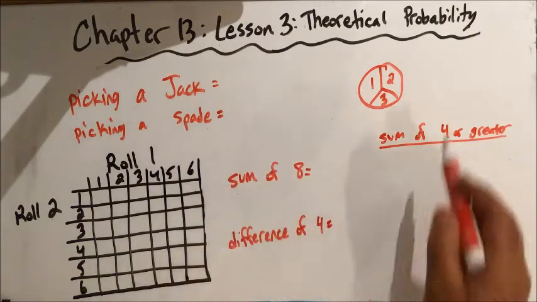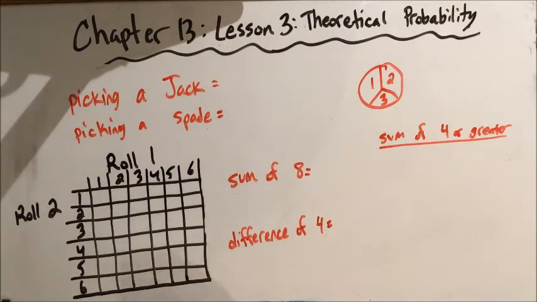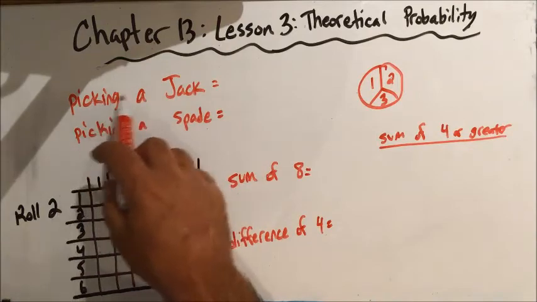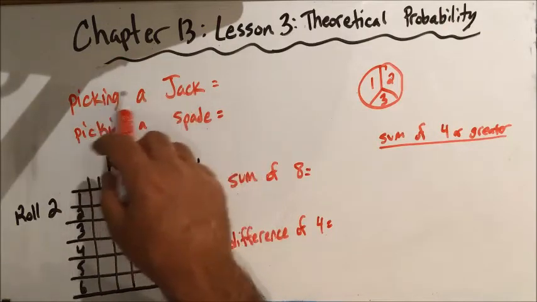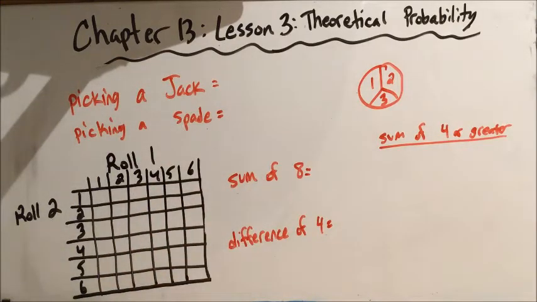So let's say we had the following three scenarios. The first one, we have a deck of cards and we want to pick a jack. We know that there are 52 cards in the deck, and we know that there are 4 jacks, because there's a jack of hearts, jack of diamonds, jack of spades, and jack of clubs.